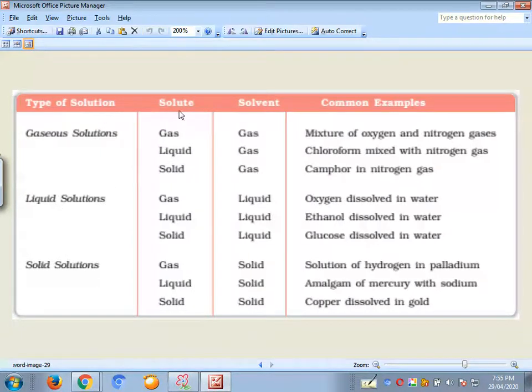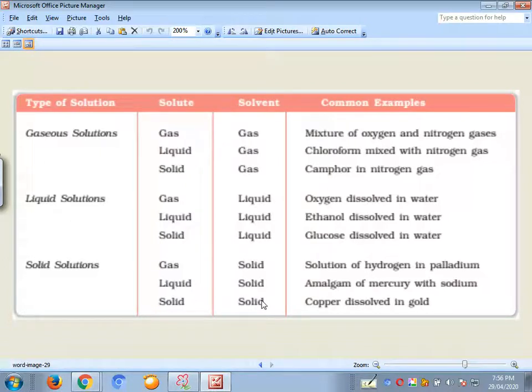Here the solute may be either gas, liquid, or solid, but the solvent is fixed. You can see all the solvents are gaseous. Similarly, for liquid solution, the solutes change as in the gaseous solution, gas, liquid, or solid, but the solvent fixed here is liquid. Similarly, in solid solution, the solvents are solid.